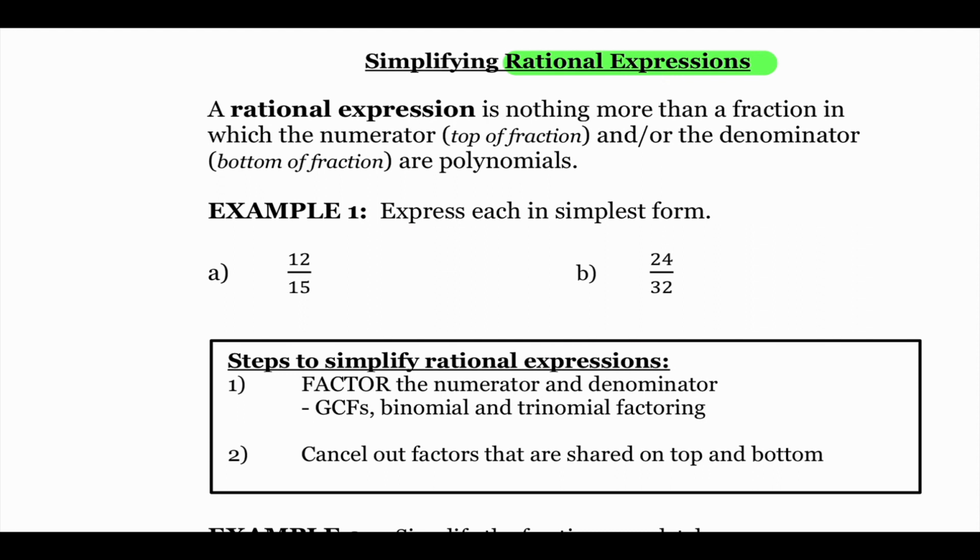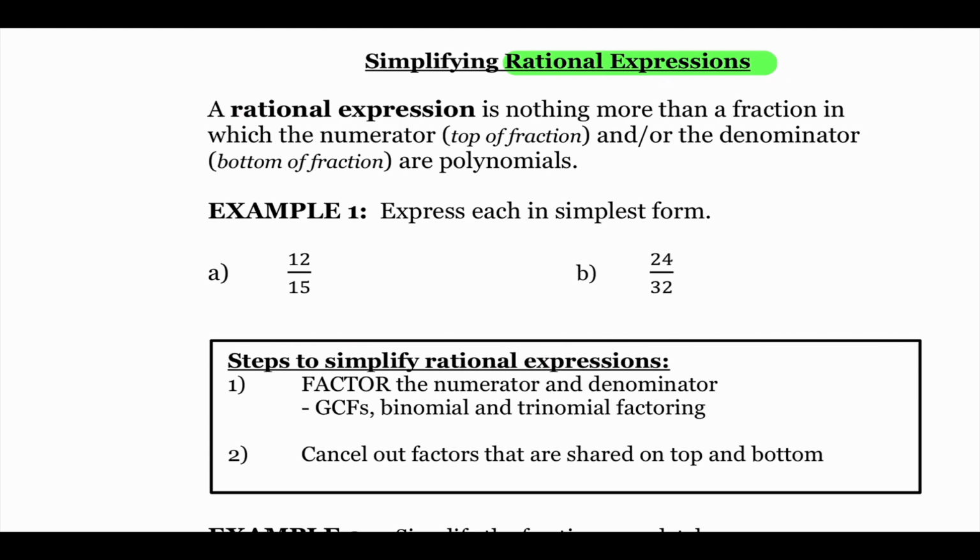First thing, it's a fraction. Second thing is it's an algebraic fraction. So what does algebraic mean? Algebra just means when you see letters in math. Anytime there's letters involved in math, A, B, X, Y, that's algebra.